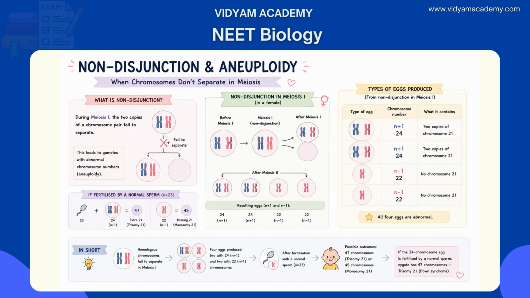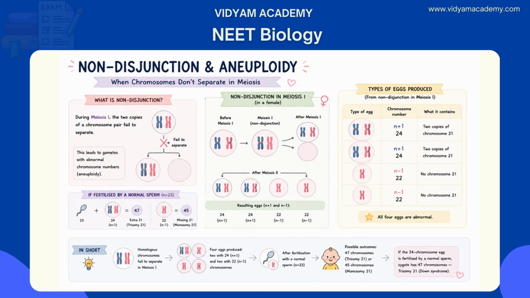If both homologous chromosomes 21 go to the same secondary oocyte, the secondary oocyte has 24 chromosomes, n plus 1, and the first polar body has 22, n minus 1. When these two cells then undergo meiosis 2 normally, both cells divide equally. The secondary oocyte gives 1 egg with 24 and 1 polar body with 24, while the first polar body gives 2 polar bodies both with 22.